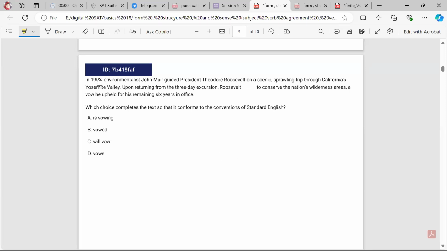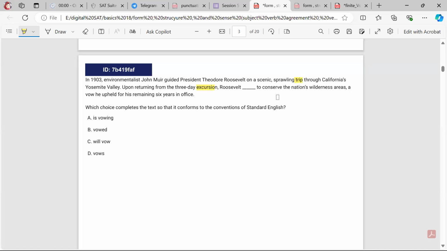In 1903, environmentalist John Muir guided President Theodore Roosevelt on a scenic, sprawling trip through California's valley. Upon returning from the 3-day excursion, Roosevelt, excursion means a trip, okay? It's another word for trip.